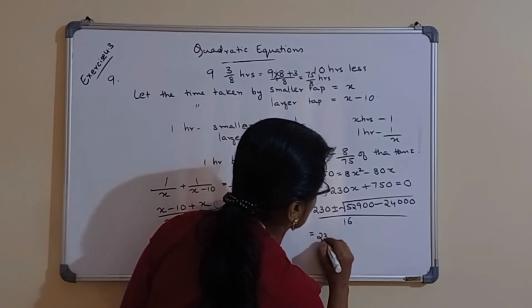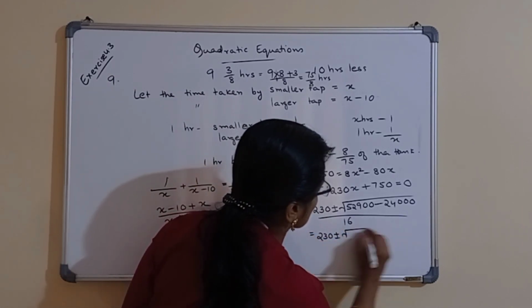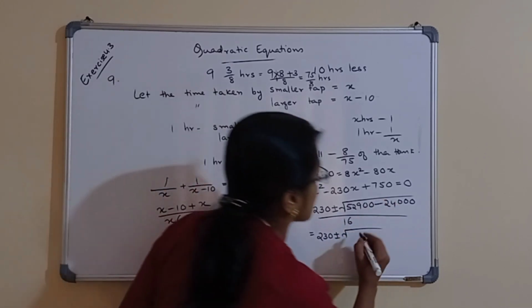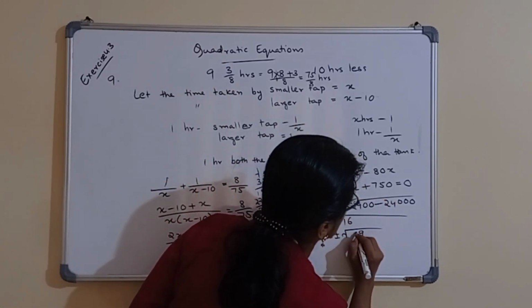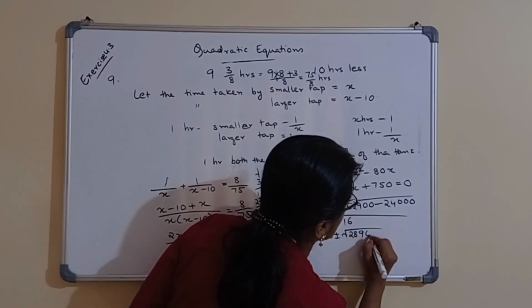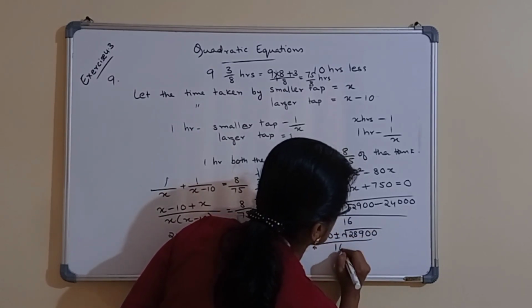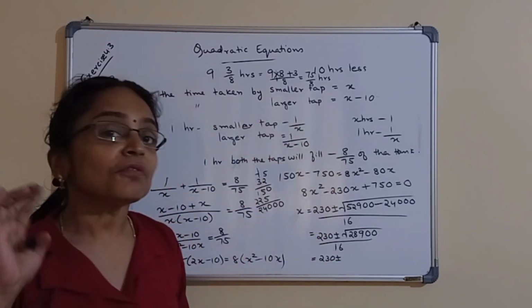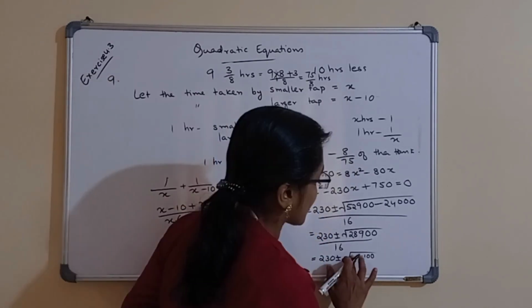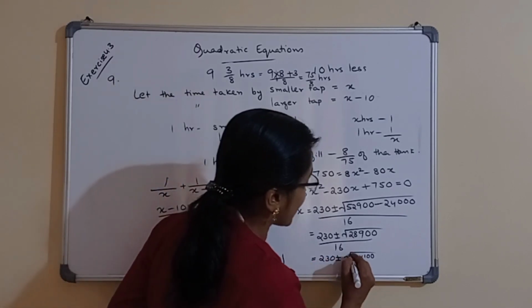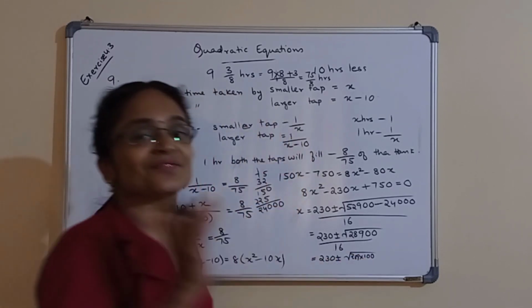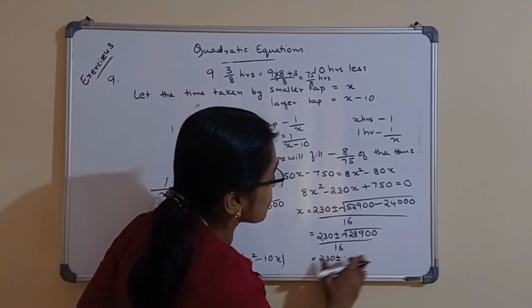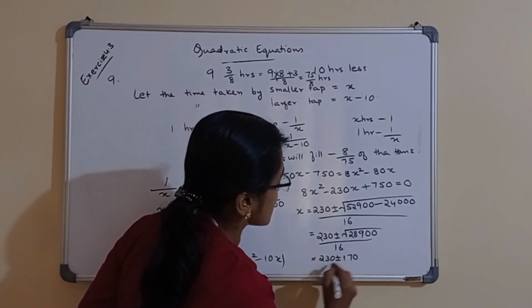So this is equal to 230 plus or minus root of 529 minus 240 is 9, then 8, 28900 by 16. So it is equal to 230 plus or minus root of 289 is 17. That is, we have root of 289 into 100 by 16, which is 17 into root 100, and root 100 is 10. So we will get this as 170.